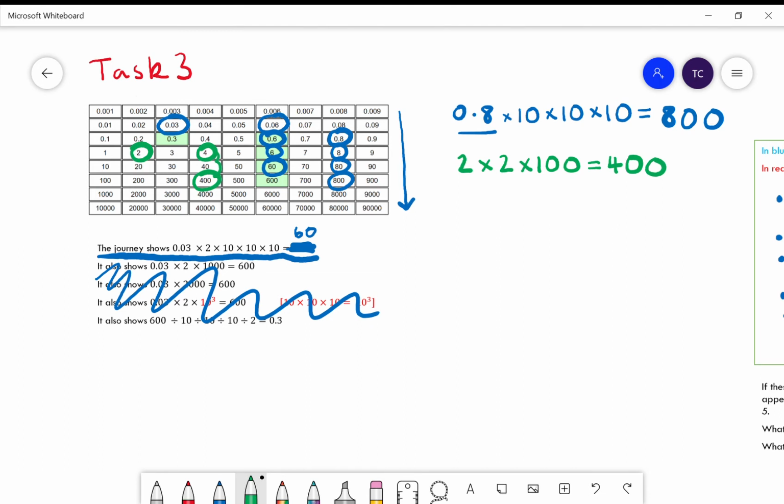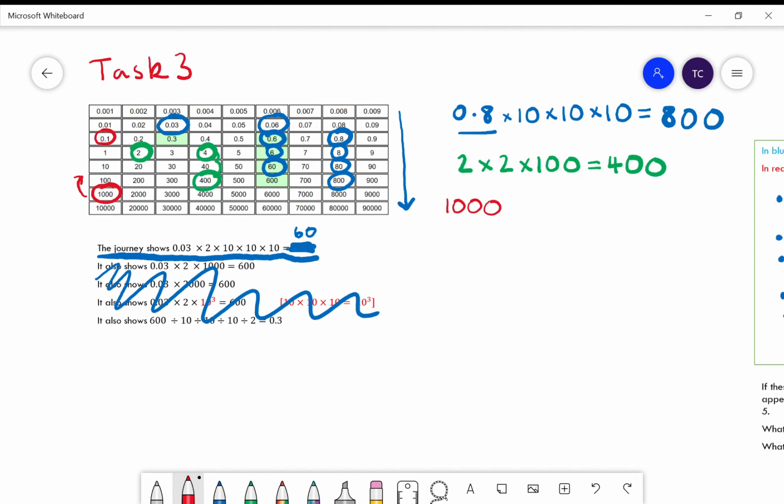Okay, now, next one here, let me use the red pen this time. I'll start with 1000. Now next time I'm going to try and go up the way instead of going down the way. So I've got 1000. Let's say I want to get to this 0.1. So there are different ways of doing this.